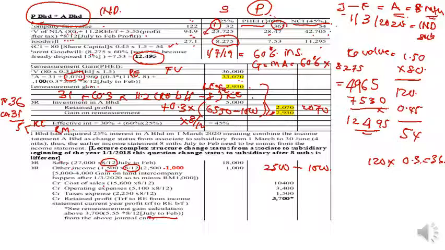Parent's goodwill. Starting from 1st of July 2019, parent only holds 60%.